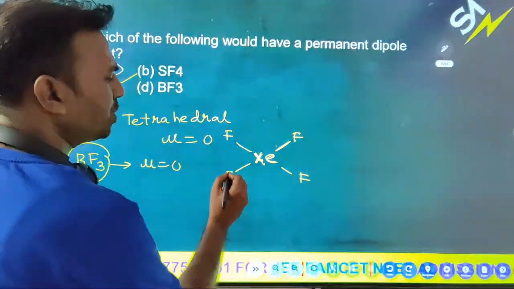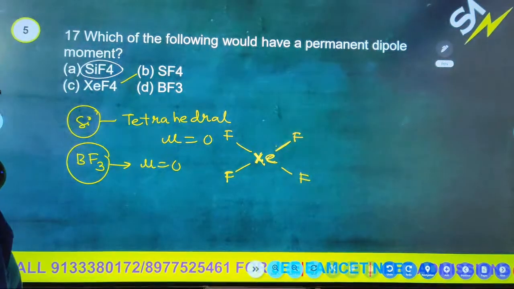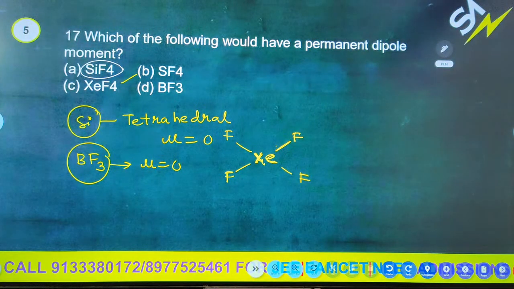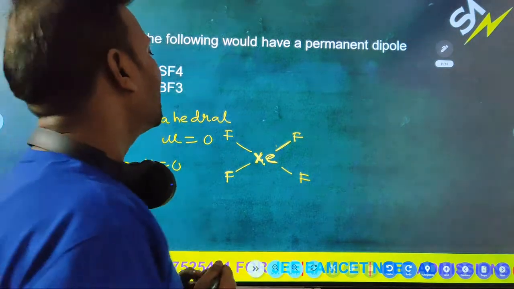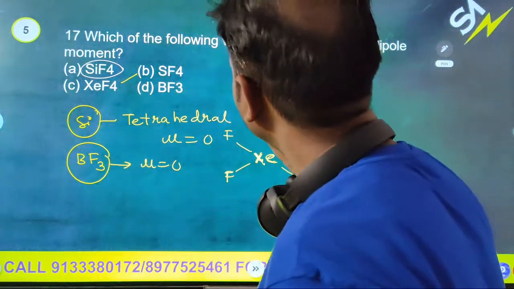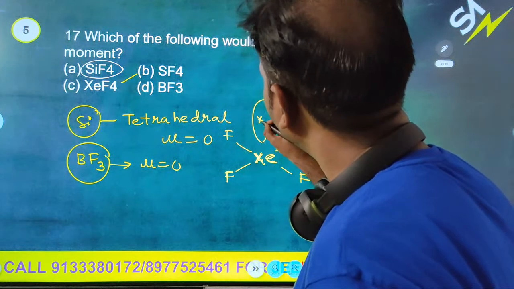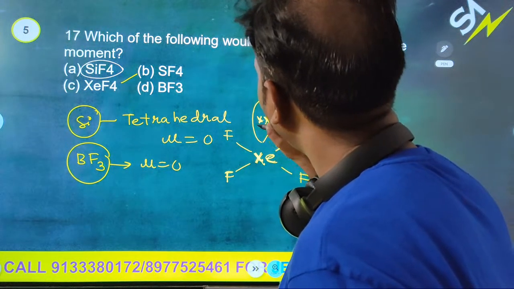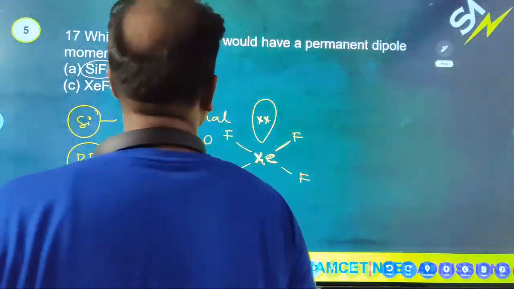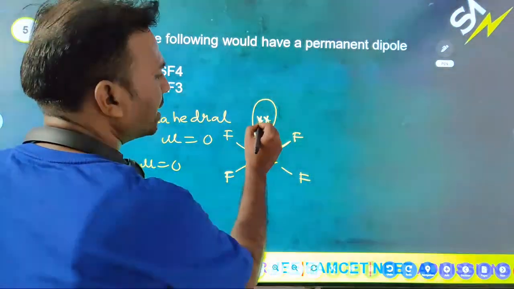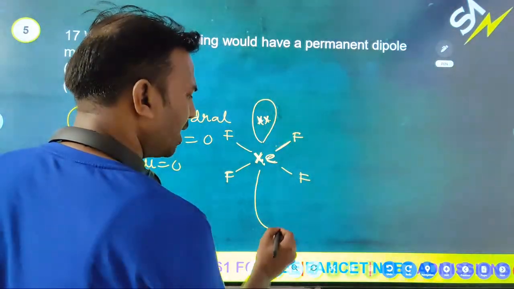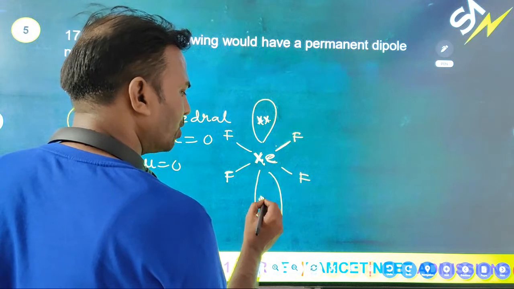After sharing 4 electrons with fluorine for bond formation, how many lone pairs does xenon have? It has 2 lone pairs. One lone pair is above the plane, and one lone pair is below the plane.